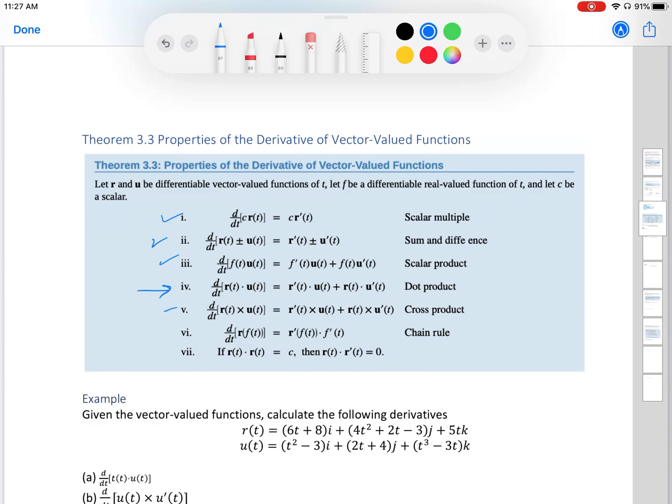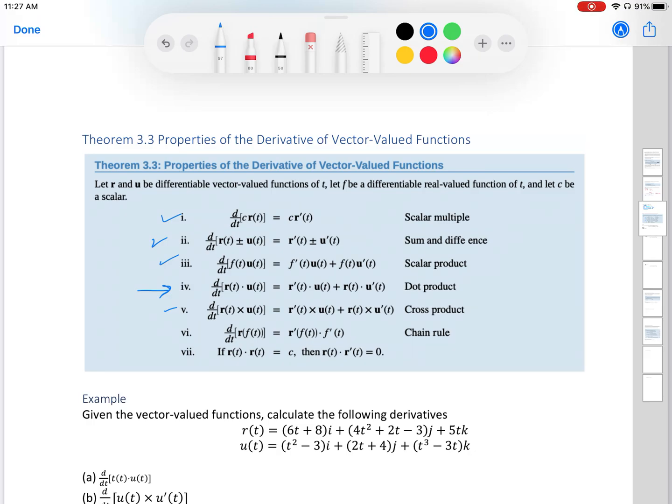Next, we have the cross product. 5. The derivative of r of t cross product u of t is equal to r prime of t cross product u of t plus r of t cross product u prime of t. 6. The derivative of r of f of t is equal to r prime of f of t times f prime of t.